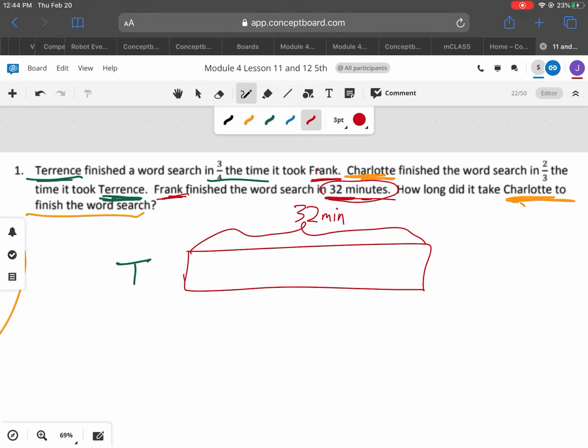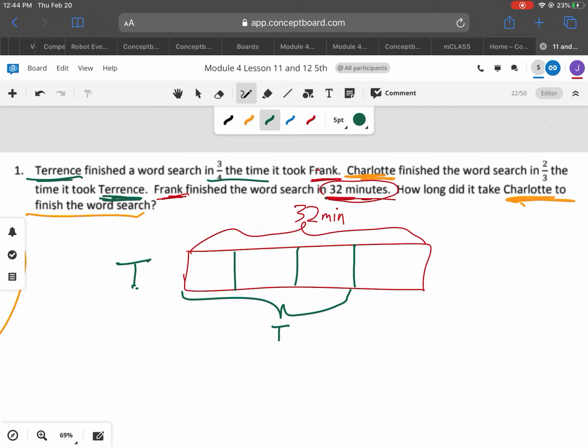Alright, now it says Terrence finished a word search in 3/4 the time. So I'm going to do 3/4 the time. So I'm going to divide this into fourths. And Terrence is 3/4 of the time.